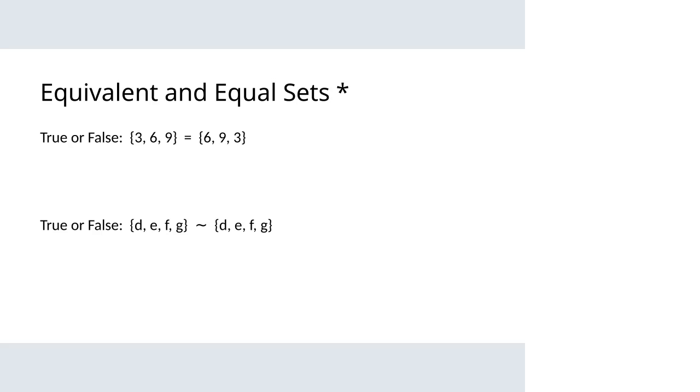And so we're deciding true or false. 369 equals 693. True or false, DEFG is equivalent to DEFG. I don't think these are necessarily easy. Be careful and think about your answer. Think about what equal means, think about what equivalent means, and then make your decision.